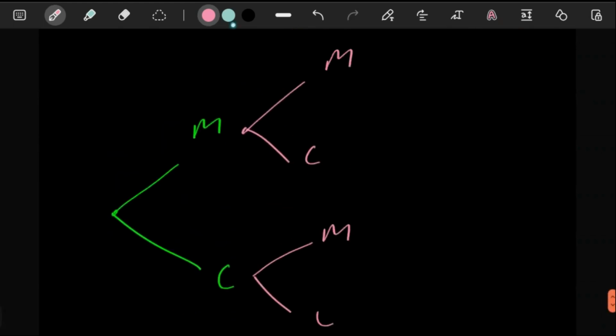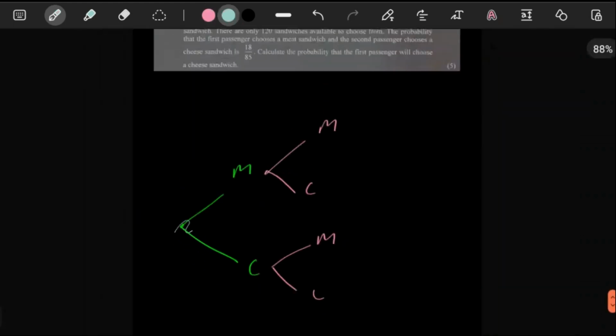This is how a tree diagram works. When the first person picks a sandwich, they're either going to choose meat or cheese. Say they chose cheese. When the second person comes, they will either still choose meat or cheese. So say the first person chose meat. When the second person comes, they'll either choose meat or cheese. So this small tree diagram gives us all the possible options.